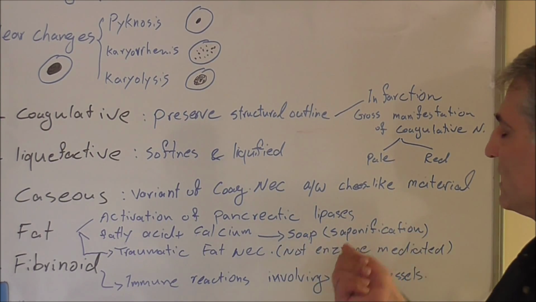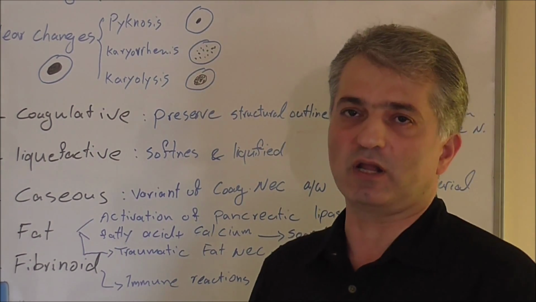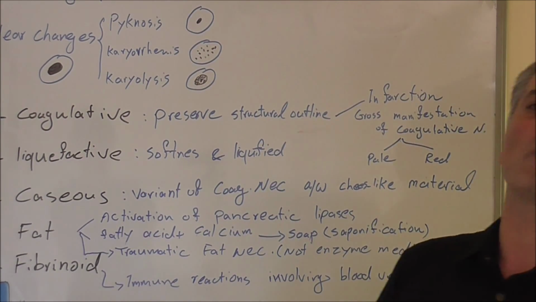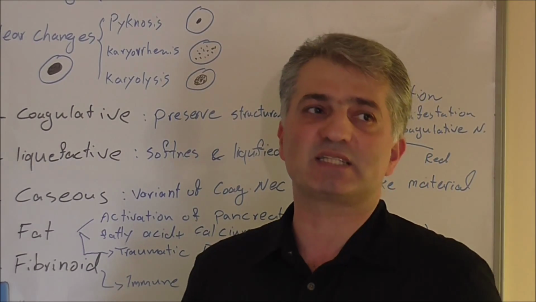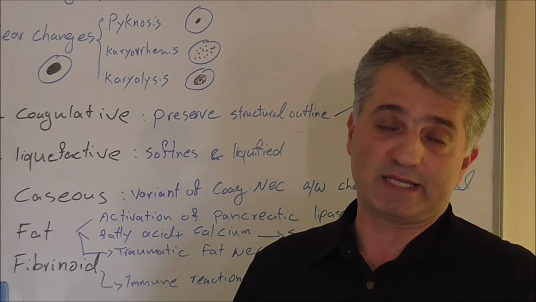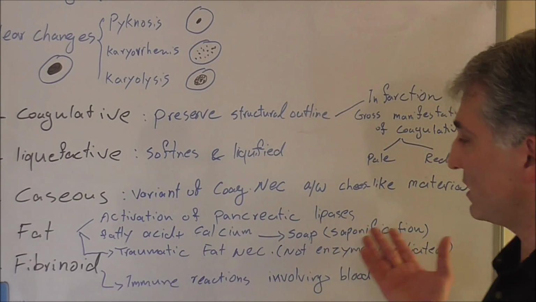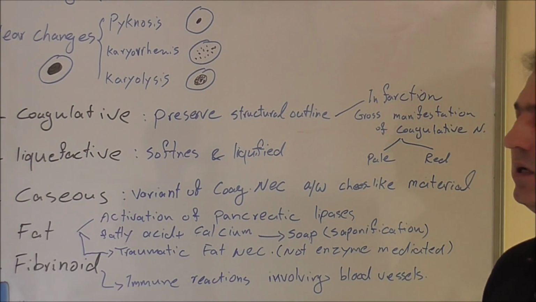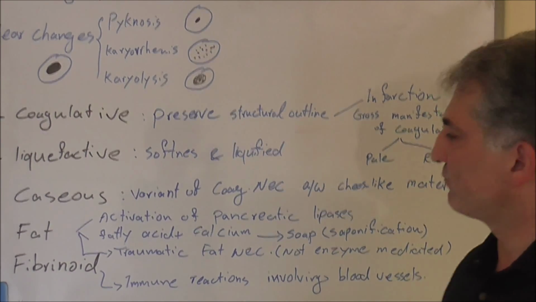We call this process saponification, exactly like soap, which we use to wash our hands. It's the same mechanism, but it's happening in our body. Of course, it's not good, and it's damaging everything. It's one of the ugly things you will see when you open the abdomen.